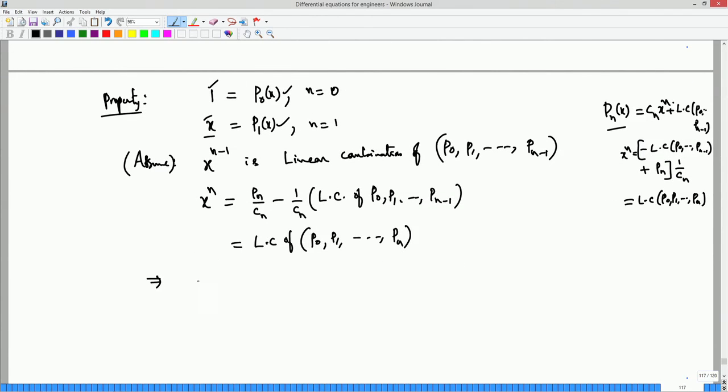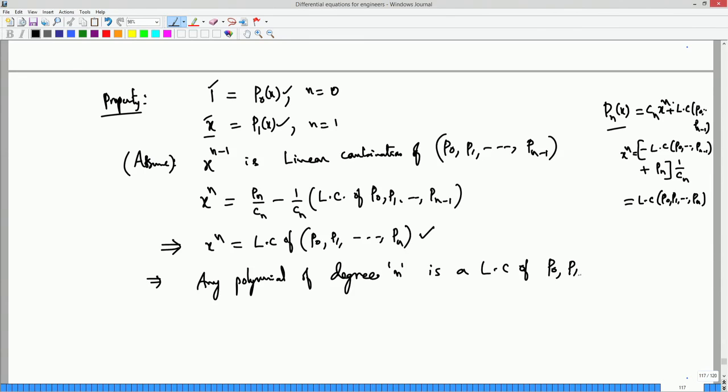This implies x power n is a linear combination, this is the proof, okay. So, that means any polynomial of degree n is a linear combination of P0, P1 up to Pn of x, okay. All these are functions of x, these polynomials, okay. So, this is the property 3.